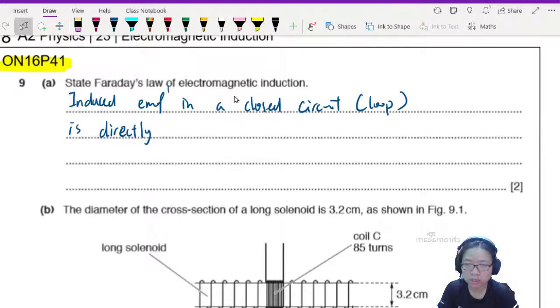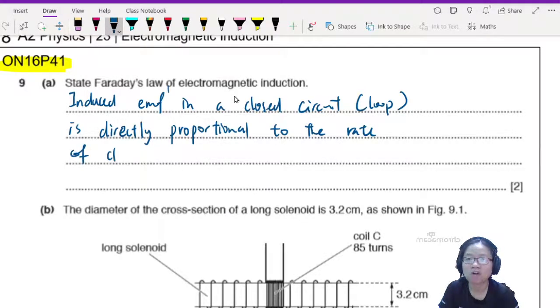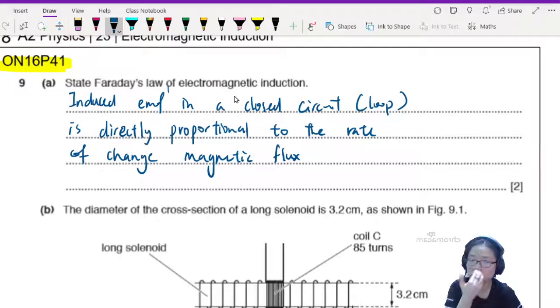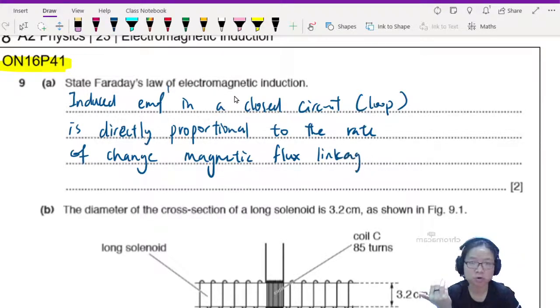Don't use the word equal, use the word directly proportional to the rate of change of magnetic flux linkage. So this is a bonus. The 2 marks are given to you provided you learn how to write the actual definition properly.